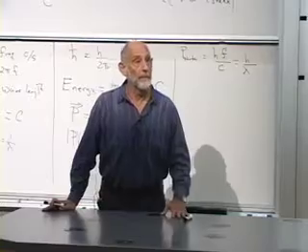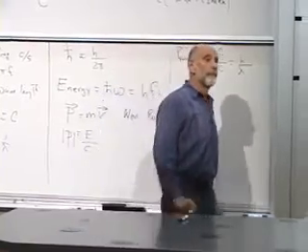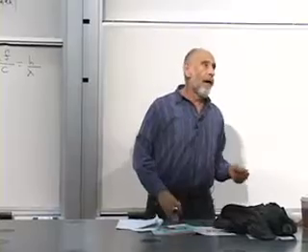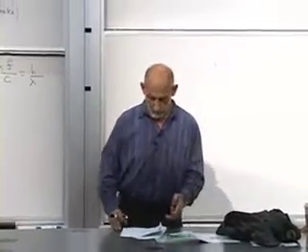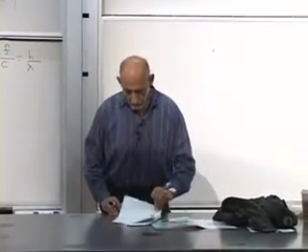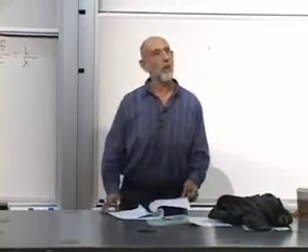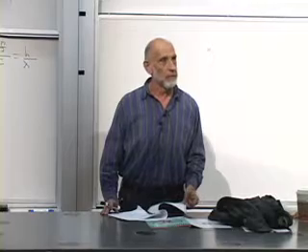Question? Yeah. The formula E equals h bar omega. Is that fundamental, or is that derived from some symmetry that we're going to learn later on? It derives from the quantum mechanics of a harmonic oscillator.